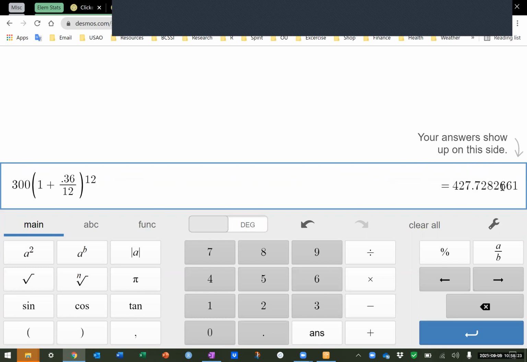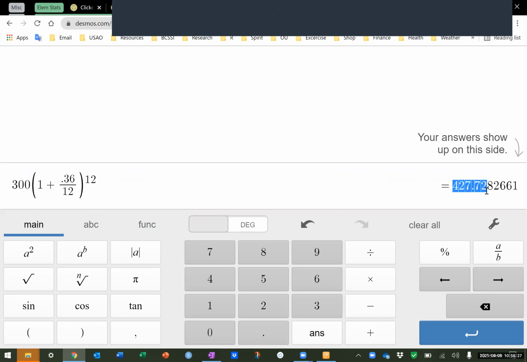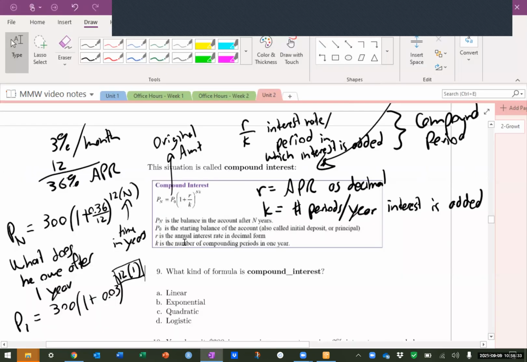That starts to become a little different. We round this to the nearest cent since we're talking about money: 427.83 is how much he owes you after 1 year with compound interest.